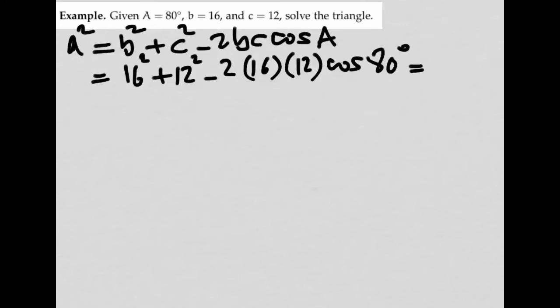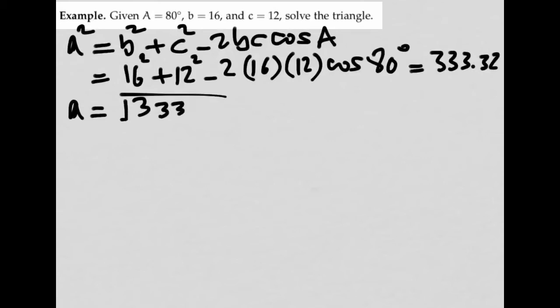And that's equal to 333.32. To find a, simply take the square root of 333.32 to get 18.26.